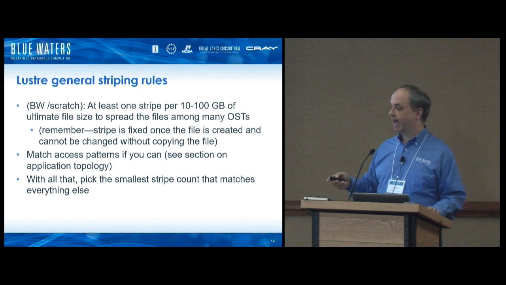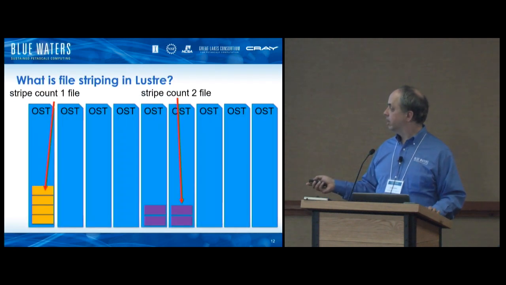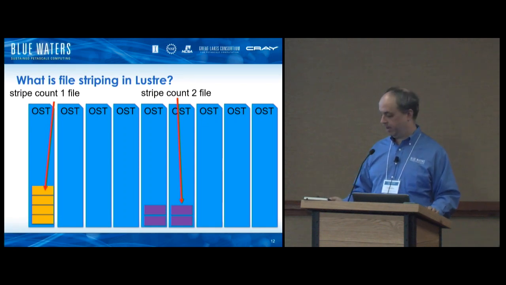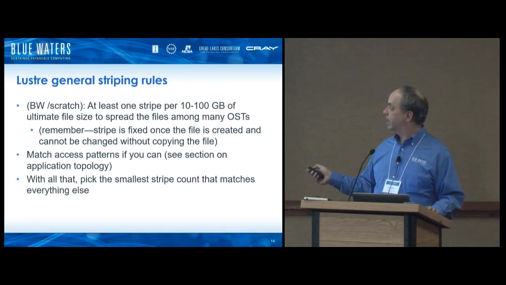Because if you create a terabyte file, all of the blocks of the file will go in one OST. It will fill the OST up, and then everyone will be sad. So you want to avoid that. You need to know how big your files are going to be and stripe them accordingly. Remember, stripe count is fixed upon creation of the file, and it does not change.